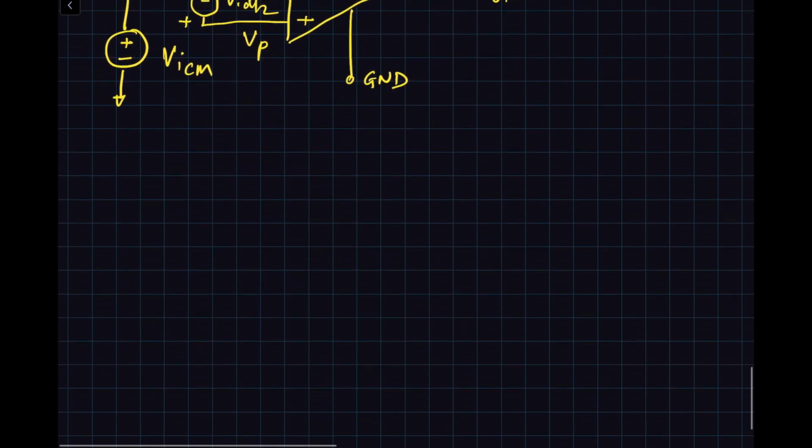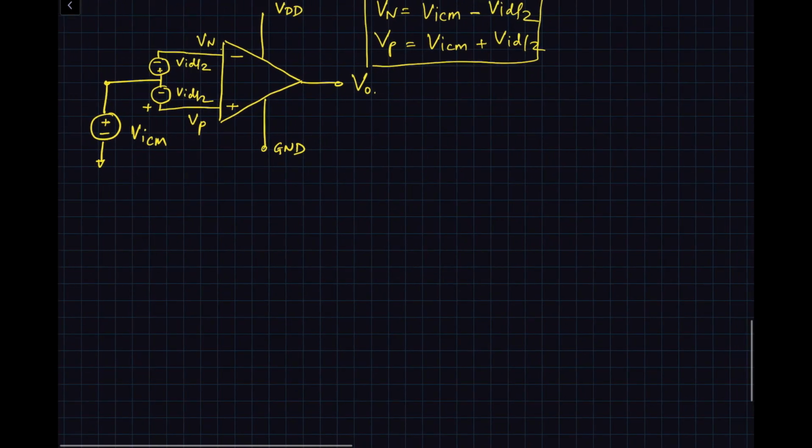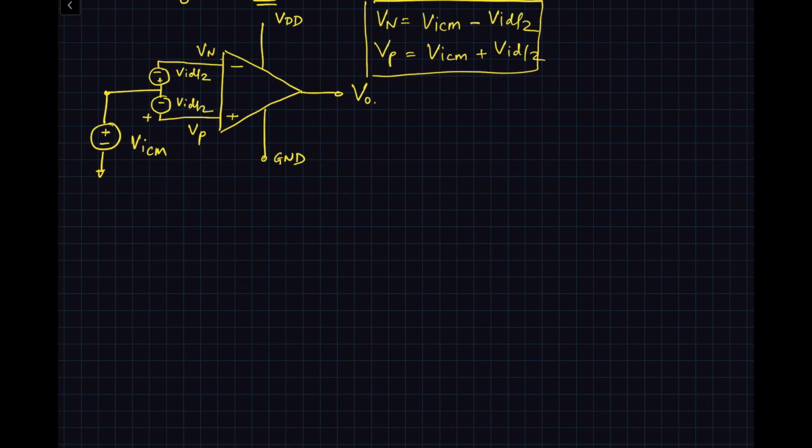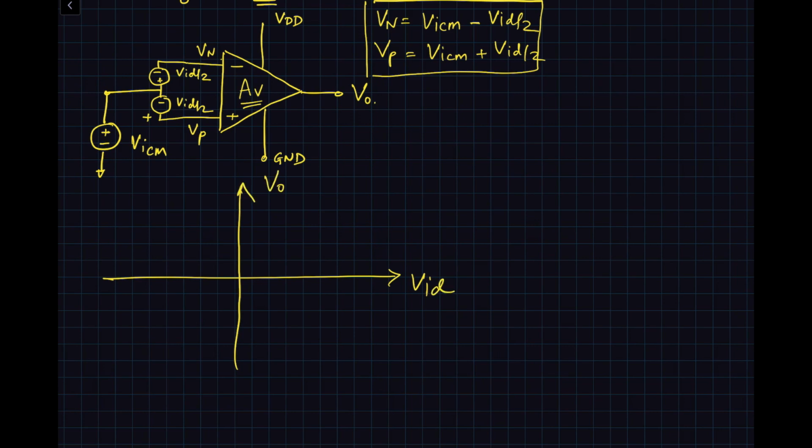Let's first plot the characteristics of the amplifier, and we know that the amplifier has a very large gain AV. Let's do a simple plot first, where I'm just plotting VID, and this is my V output. The output voltage will lie between VDD and ground.